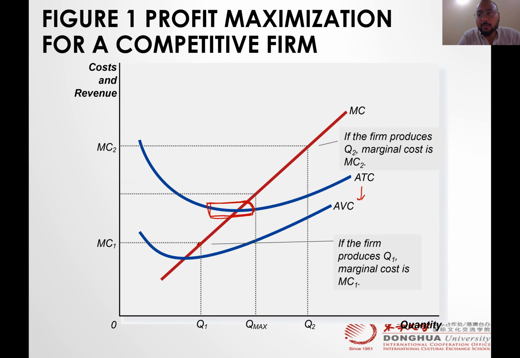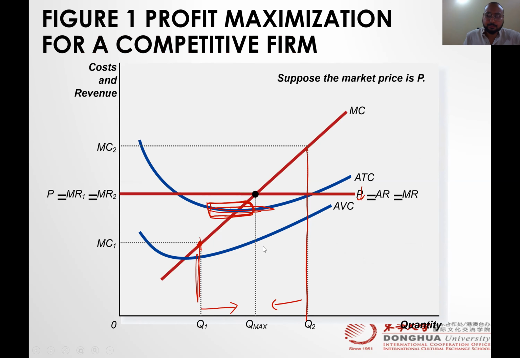So if we are producing here at that point, MC is less than ATC, so that managerial discussion that we talk about in our cost of production chapter. If MC is less than ATC, produce more. If you are here where MC is greater than ATC, then produce less. So you are in this region as well, right? So did you notice something? Okay, we'll talk about in our coming slide.